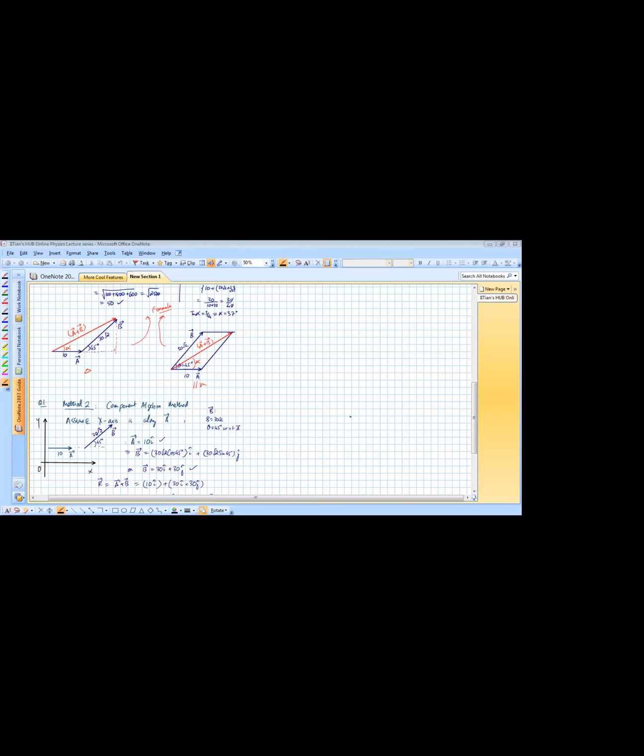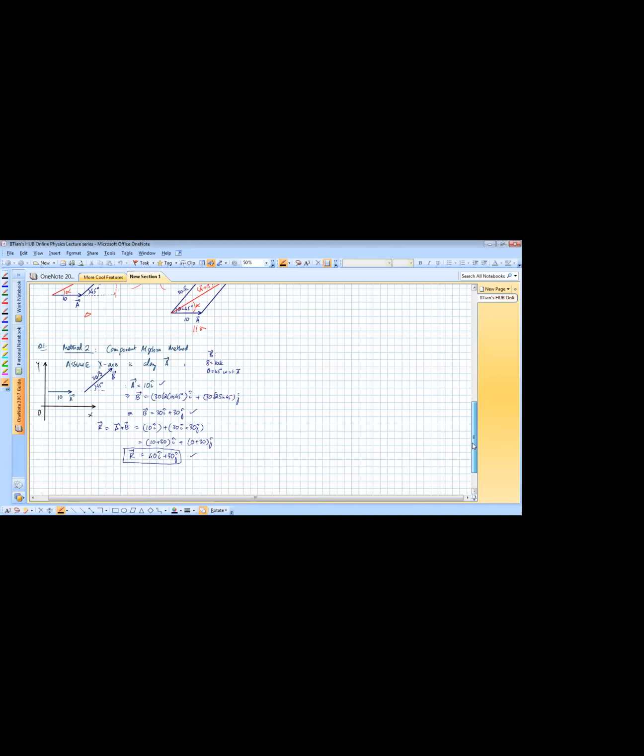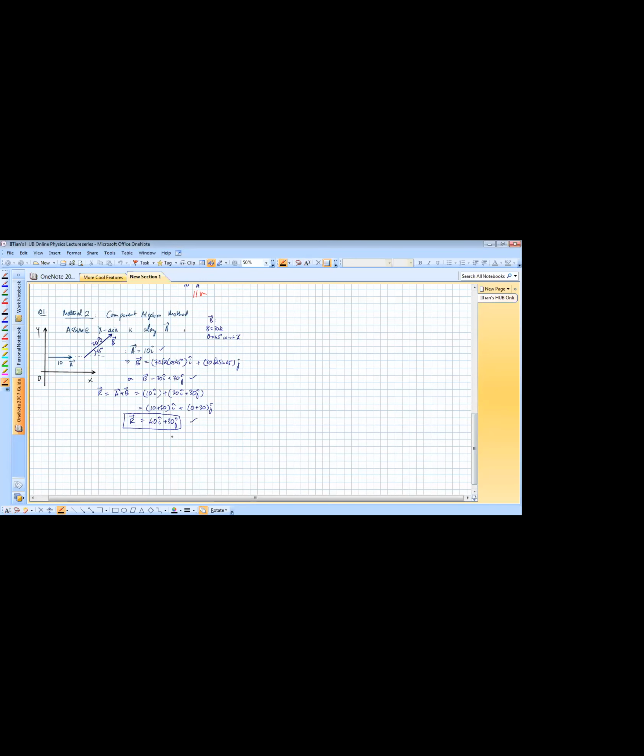Right. So again, I'm just leaving you with the solution, one moment, for the second method for question 1. So we got R as a vector. You can see that the magnitude of A plus B is the magnitude of the vector R. So that is 50. And the angle of the resultant with respect to E. Now E is along the x-axis.